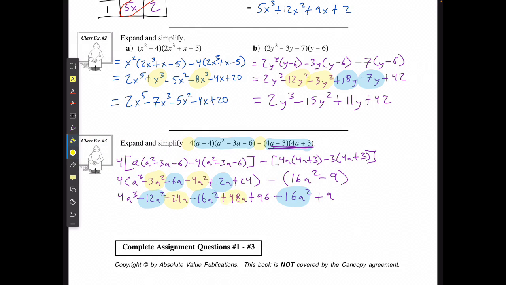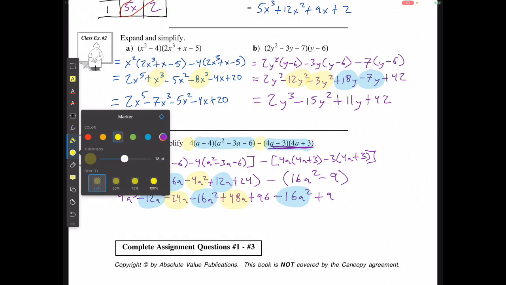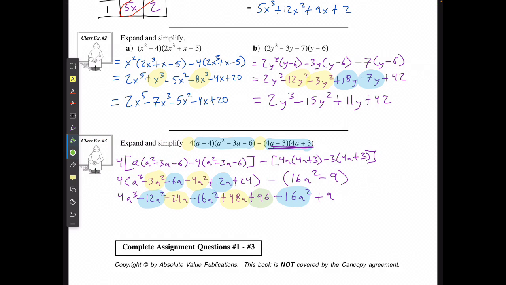My a's are going to combine. And my constants are going to combine. And if I combine them properly, then I get 4a cubes minus 44a squareds plus 24a's plus 105.